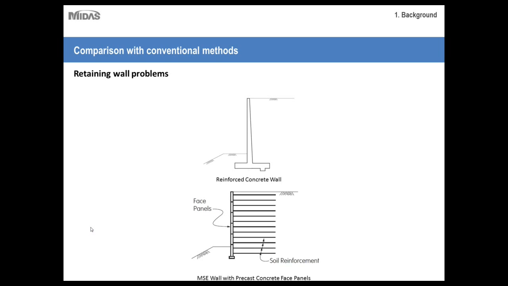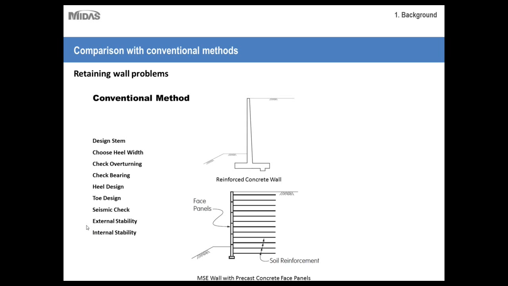Okay, so now let's discuss retaining wall problems. With conventional methods, essentially you would design for these criteria here, for example the design stem, the heel width, overturning, bearing. Those are certain aspects of reinforced or retaining wall design that you can analyze using simple calculations based on physical laws.